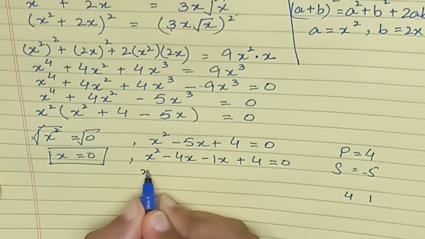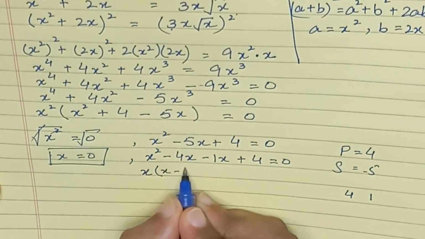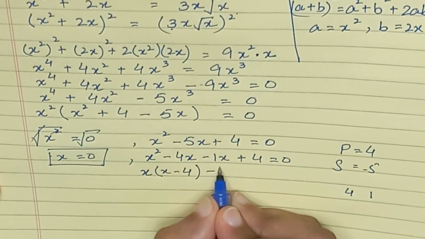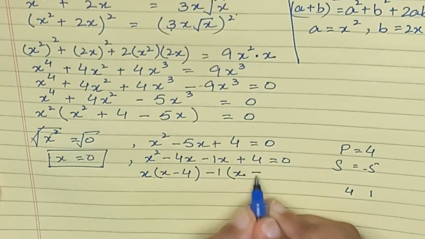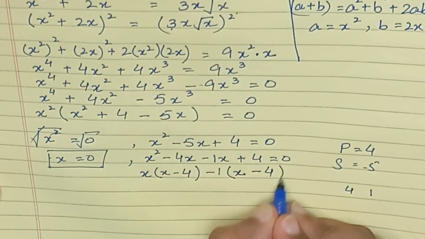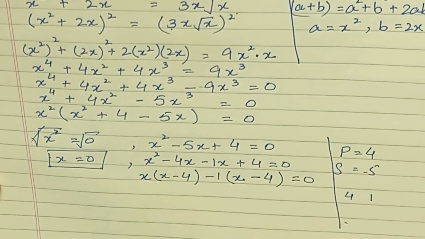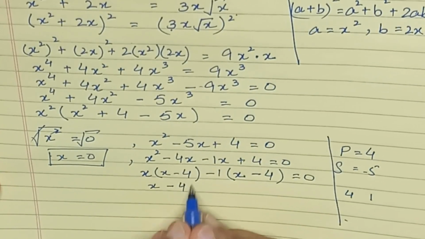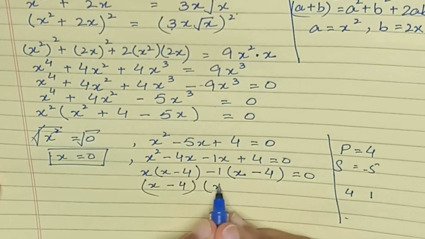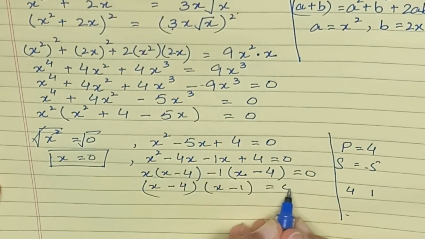So from here we will take x common and it will become x minus 4, and from the other part negative 1 is common, so x negative into positive will become negative 4, which is equal to 0. So again x minus 4 is common, and it will become (x minus 4)(x minus 1) equal to 0.